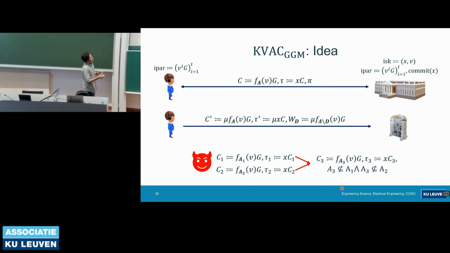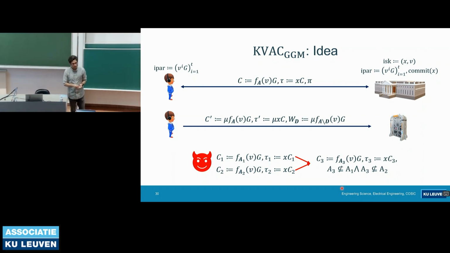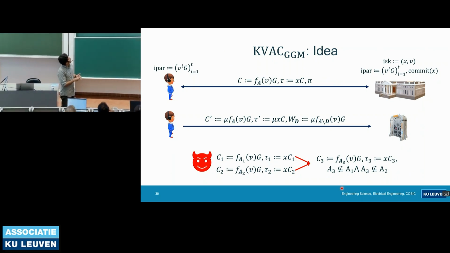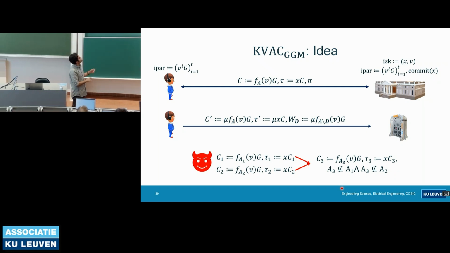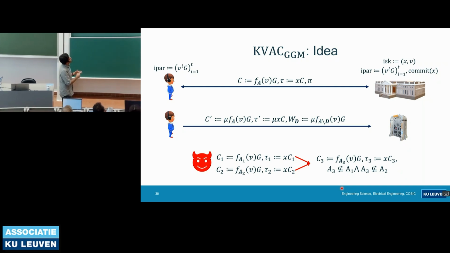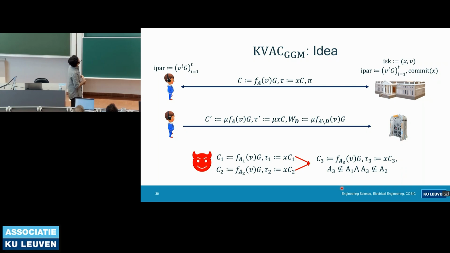So what is the idea? Let's first talk about an insecure construction. So imagine that the commitment is easy, just f of v for set A multiplied by g, and the tag is simply multiplying the secret key by the commitment, and also we have this proof of well-formedness there.